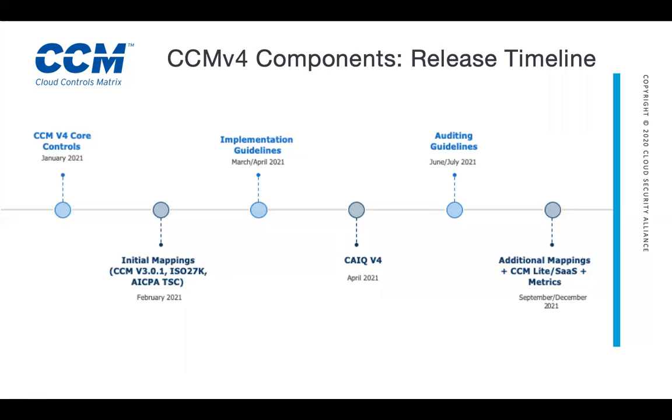The delivery should be mid to March. Actually, the implementation guidelines are indicated for the end of April, and the remainder of the activities in Q3 and Q4 this year.